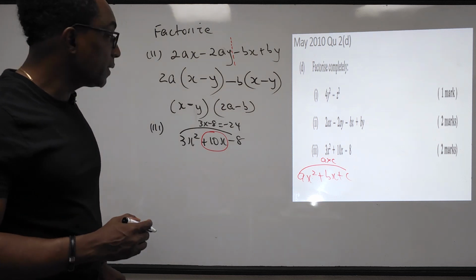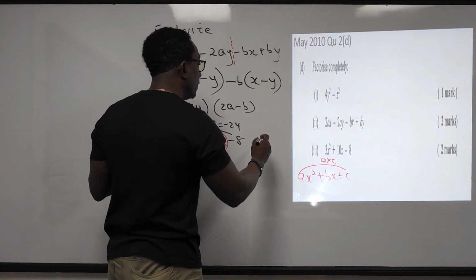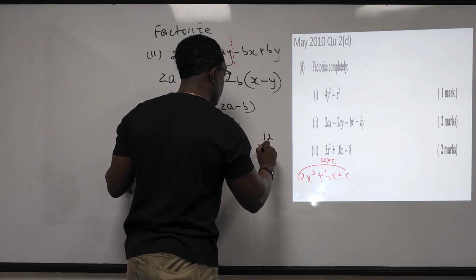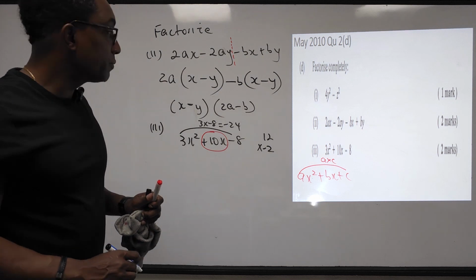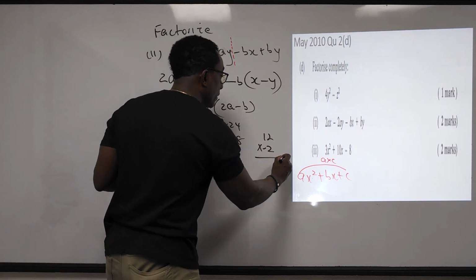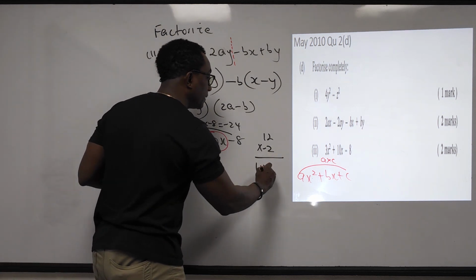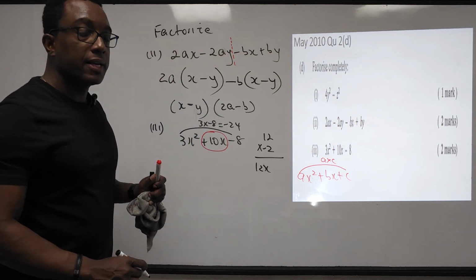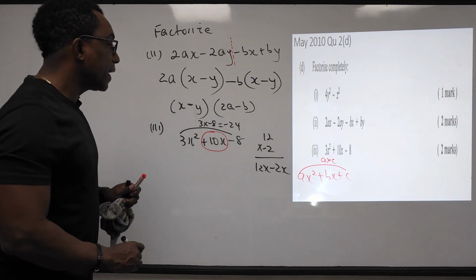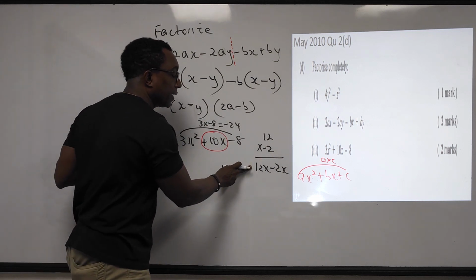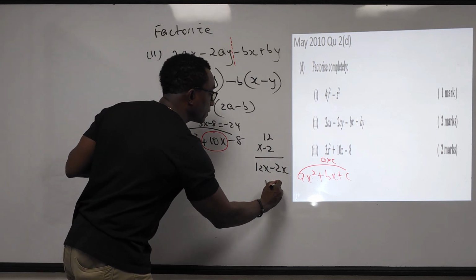So the two factors of 24 we can use here will be 12 and negative 2. So positive 12 and negative 2 will give us negative 24. And when I set it up, I'll take 12, attach x. I'll take negative 2, attach x. And I know that positive 12x minus 2x will give me positive 10x.